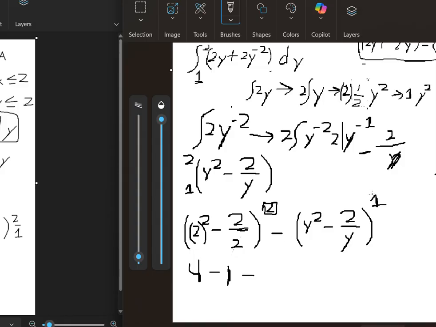And then we go to 1. Well, 1 to the 1 power is 1. 2 over 1 is just minus 2. So this is just 3 minus negative 1, which will then be equal to 4. Positive 4.